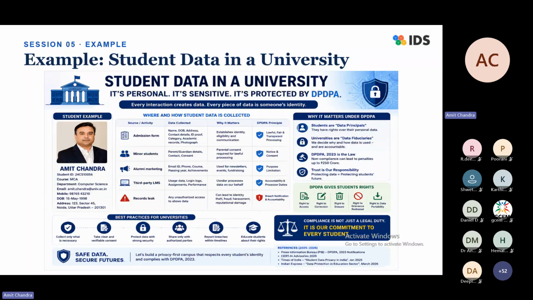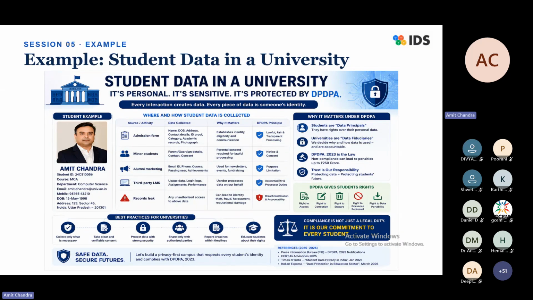So in this particular example, Amit Chandra is the data principal. Your university will be the data fiduciary. You have to make sure that your university is DPDPA compliant in the law, and that trust will be your responsibility. And in that journey, IDS as a company, as a consent management company, is going to help you.